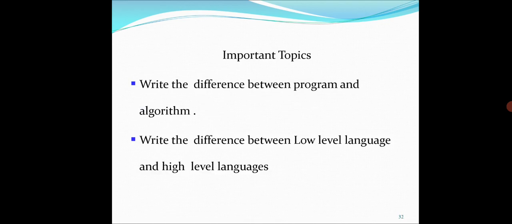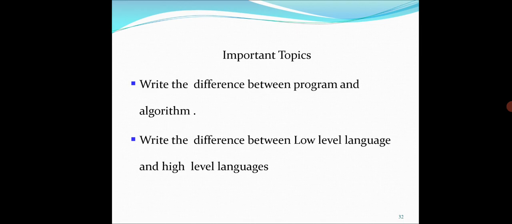Important topics: write the difference between the program and the algorithm, write the difference between the low level language and the high level language, and what is machine level language. Also define the high level language and define the assembly level language. These can be asked as 1 mark questions, and the difference is a 5 marks question.